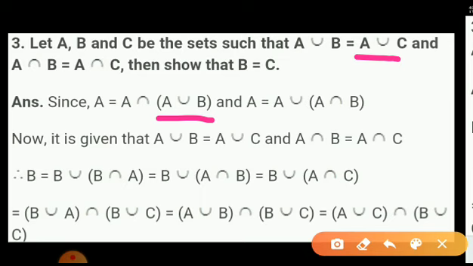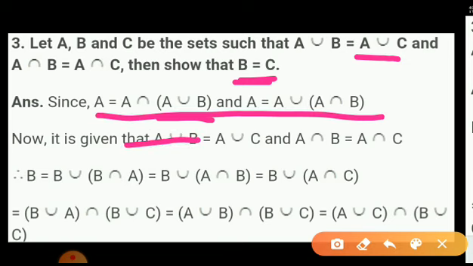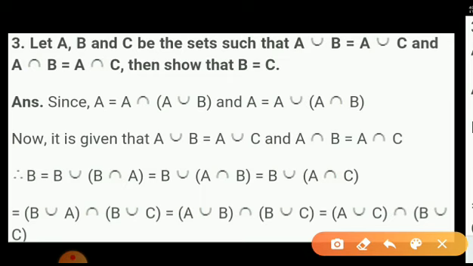Therefore B is equal to, just starting from here, in general it is written. We have to prove what? B is equal to C. So B, can I write it as B union (B intersection A), that is A intersection B itself.